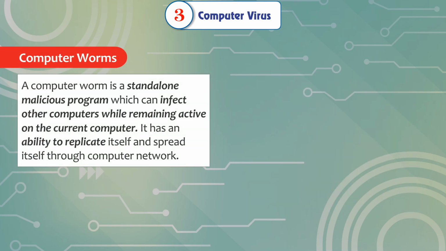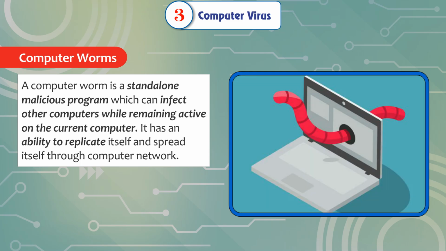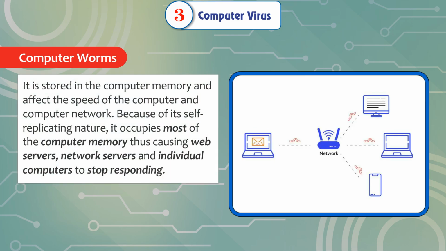Computer worms. A computer worm is a standalone malicious program which can infect other computers while remaining active on the current computer. It has the ability to replicate itself and spread through a computer network. It is stored in the computer memory and affects the speed of the computer and computer network.